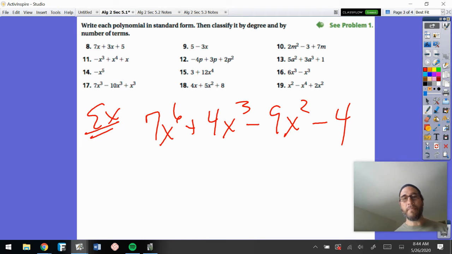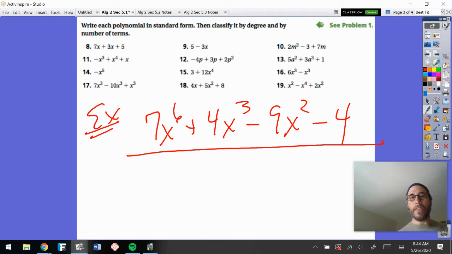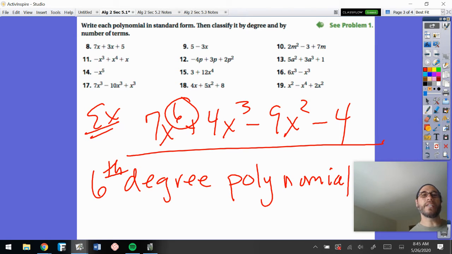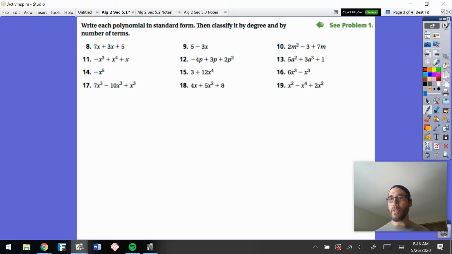Okay, can't combine any of those guys. The highest degree is 6. We don't have a special name for that, so we call it the 6th degree. 1, 2, 3, 4. And if we have 4 or more terms, it's a polynomial. Okay, and we didn't have any of those up there, so I wanted to give you one more. Oh, quintic, right? x to the 5th, that would be a quintic. And that'd be a monomial in that situation.